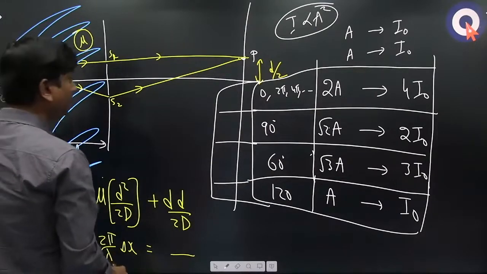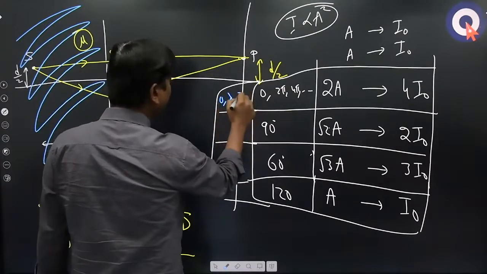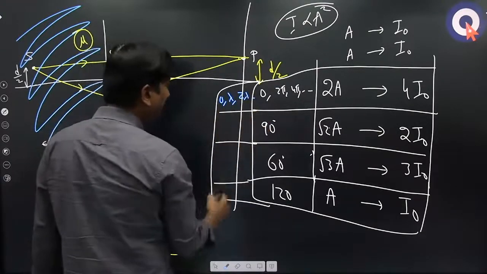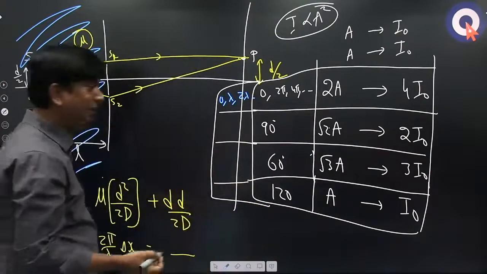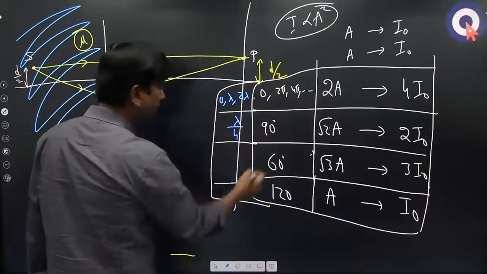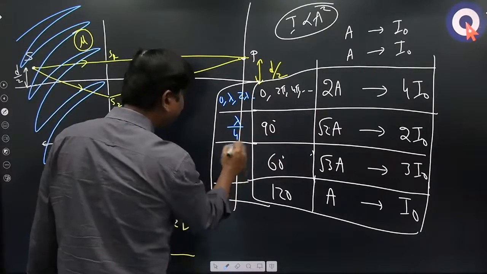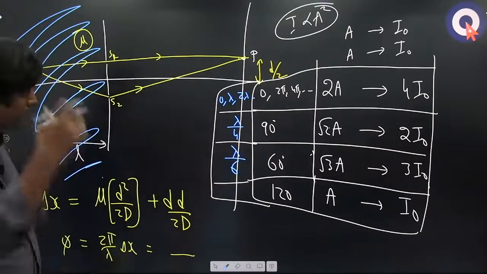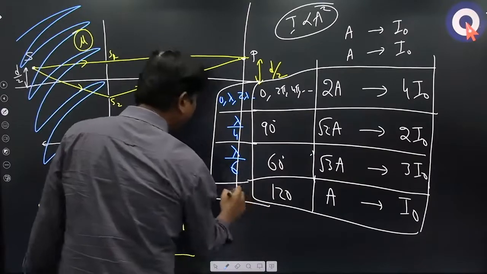So the path difference will be 0 here, 2 pi means lambda, 4 pi means 2 lambda, and so on. For 90 degrees, since 2 pi is lambda, automatically it is lambda by 4. For 60 degrees it is lambda by 6, because 360 by 6, and this one is lambda by 3.